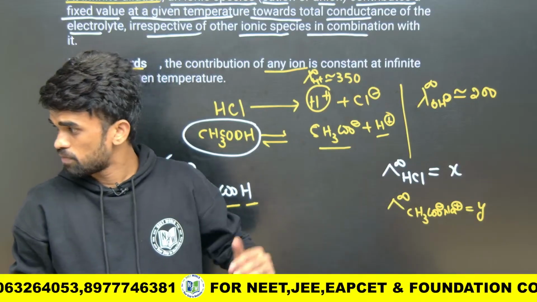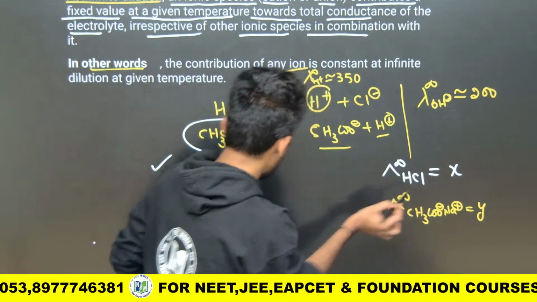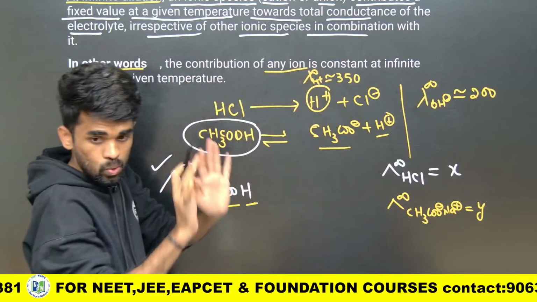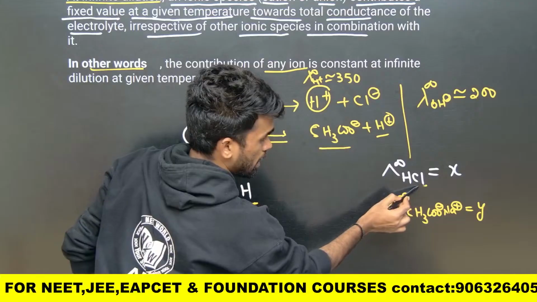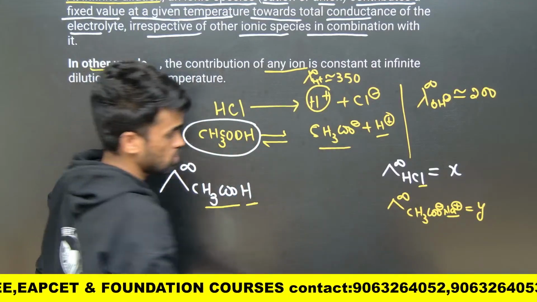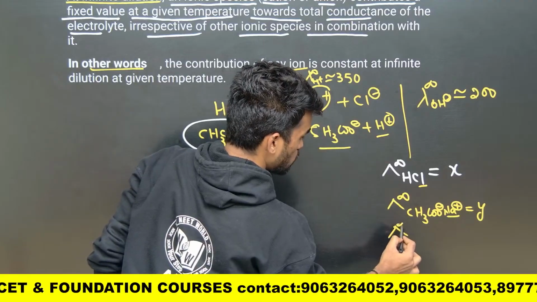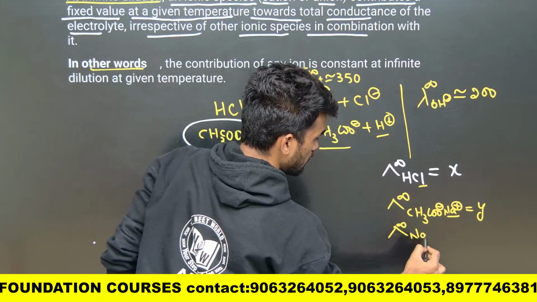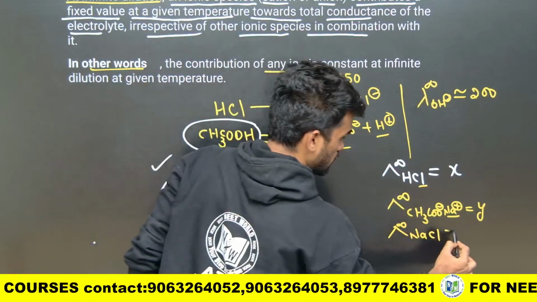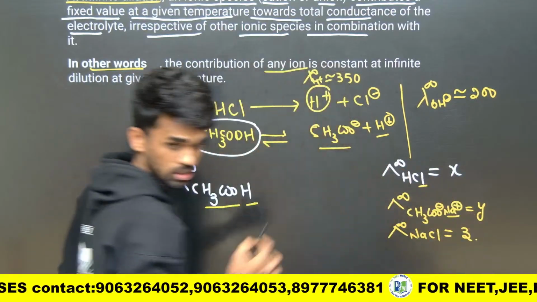Okay, now take one more thing here. See, for this I want acetate ion and H plus ions only. I do not want this chloride ion and I do not want this sodium. So we need to remove that now. So we should take limiting molar conductivity of NaCl, that is the extra part. That means we need to remove that. Take it as Z. Okay.